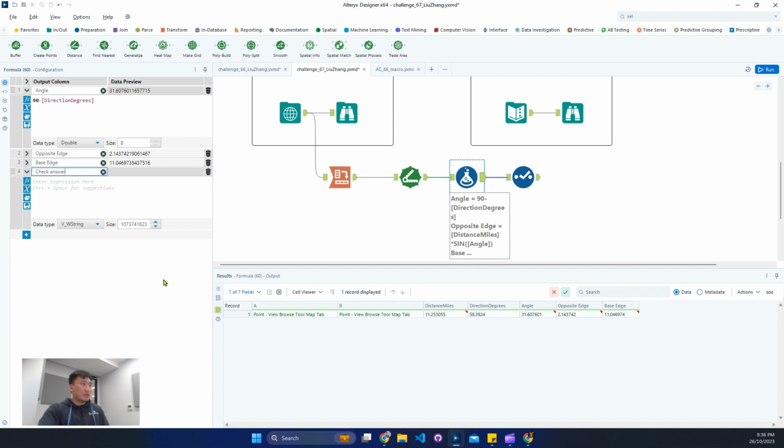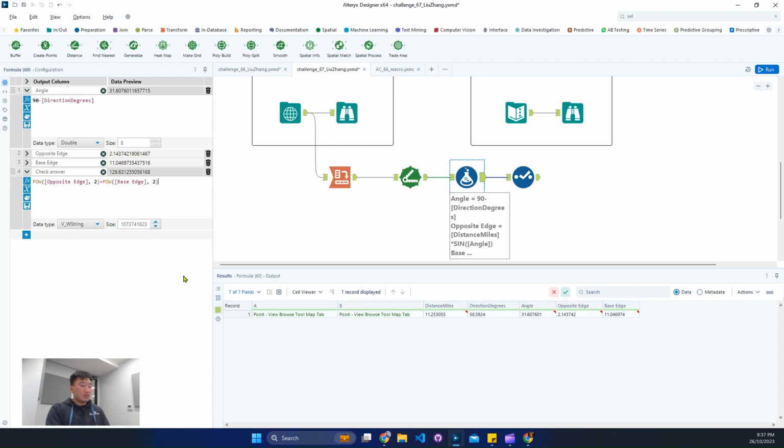If you remember Pythagoras, you should take the opposite squared plus your base edge squared. That's not squared in power, you have to use the power function. Power of the opposite edge, 2, plus power of your base edge, 2.